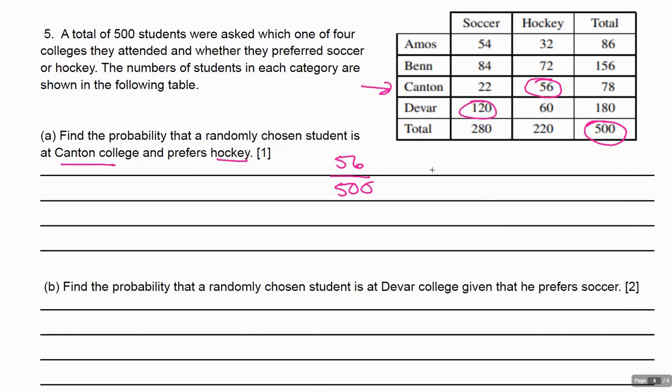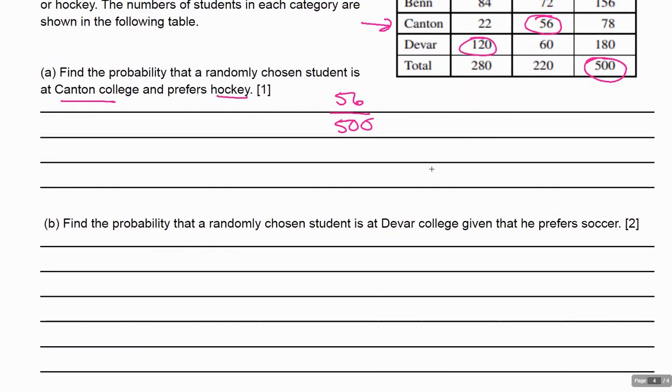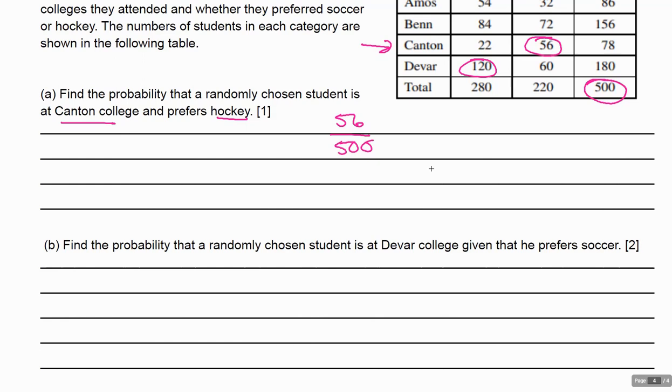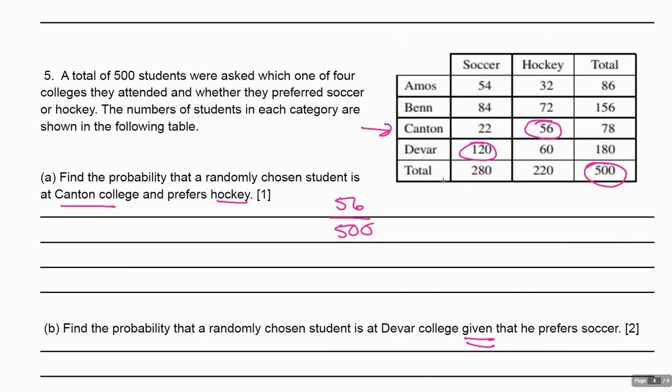I think I did 120 over 280. Oh, hang on, let me see here. Oh no, this is given. Notice how it says given. I didn't catch the word here. All right, so what's the probability that the chosen student is at the VAR college given they prefer soccer?